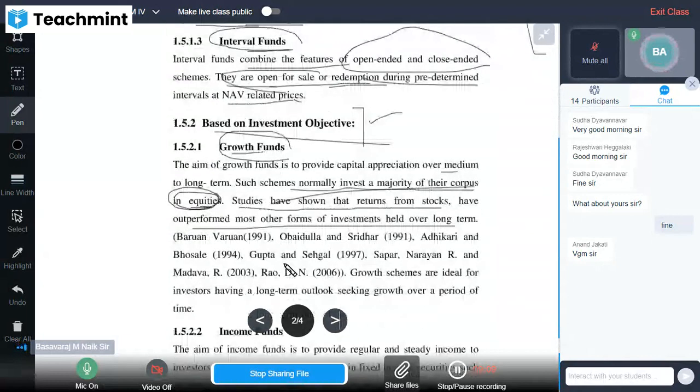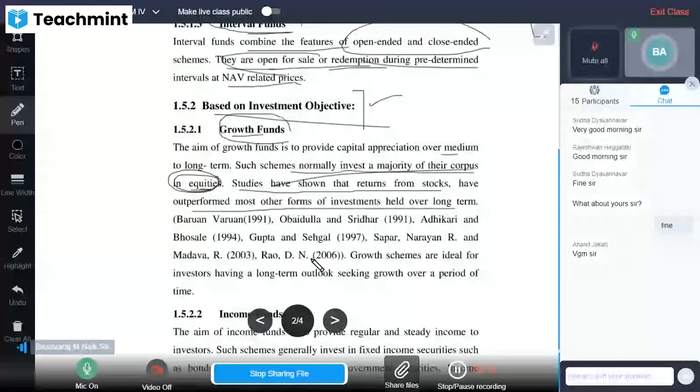According to the studies, an investment in a good stock gives a better return, and that can provide capital appreciation over a medium as well as long term time period.